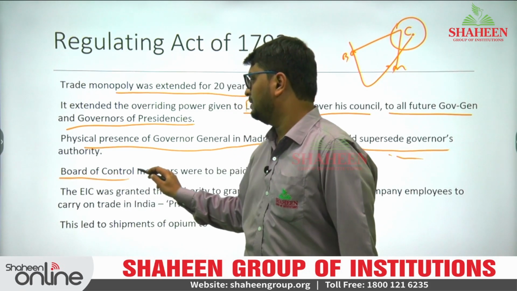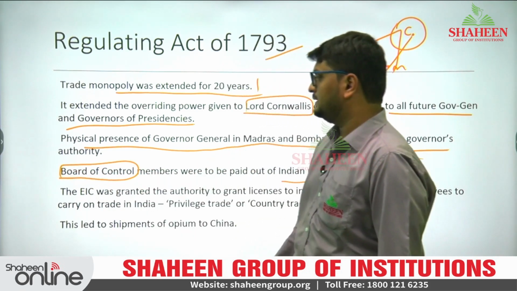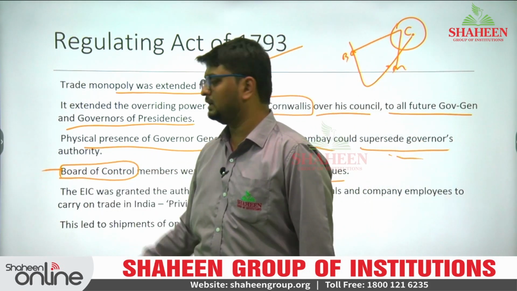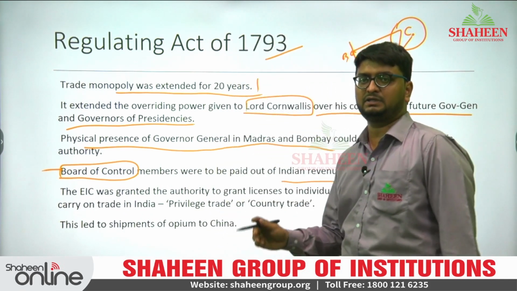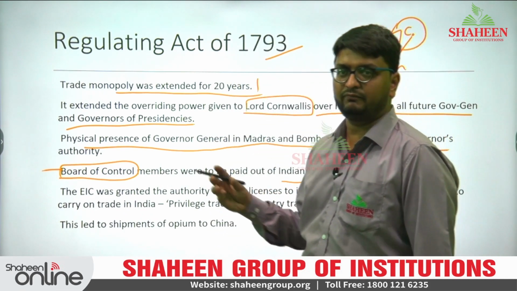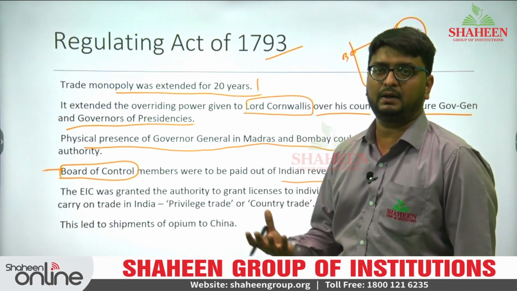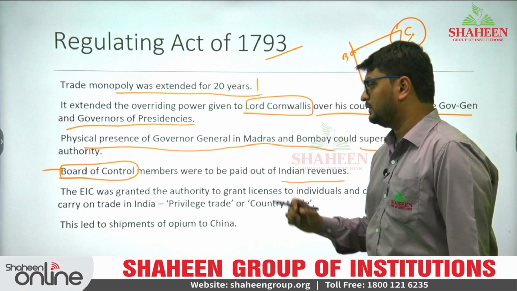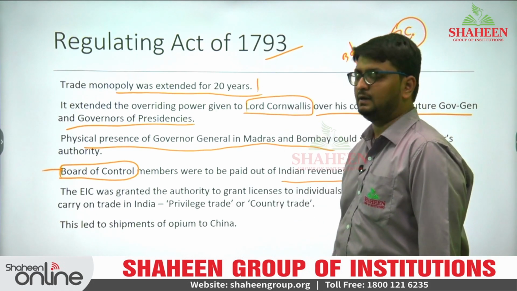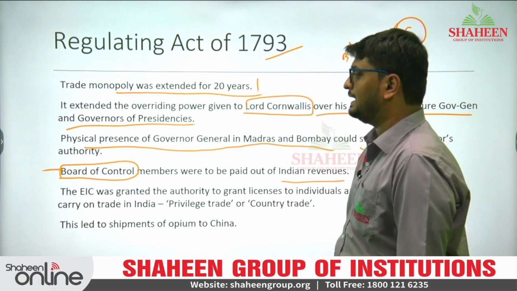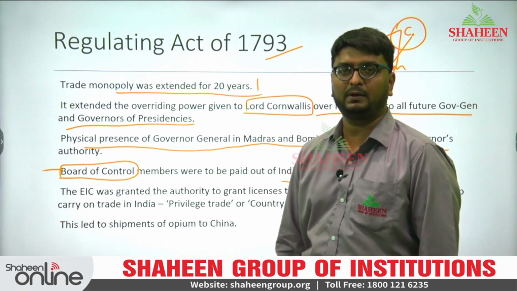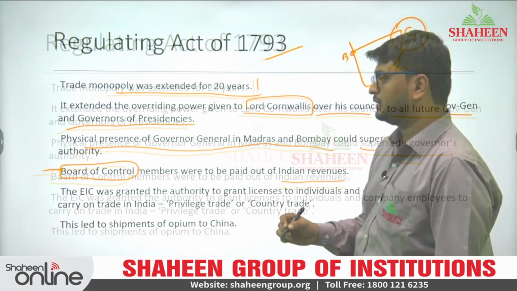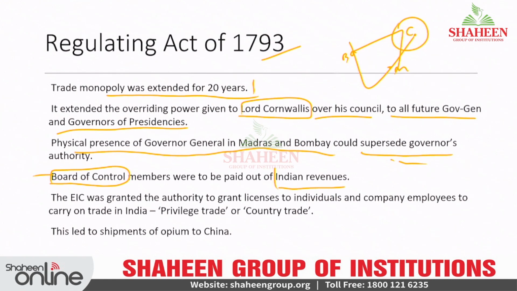As I said, the Board of Control is a British body, appointed by the British government. It was said in the Regulating Act of 1793 that these people in the Board of Control, who were appointed by the British government, have to be paid from the Indian revenues of the East India Company.